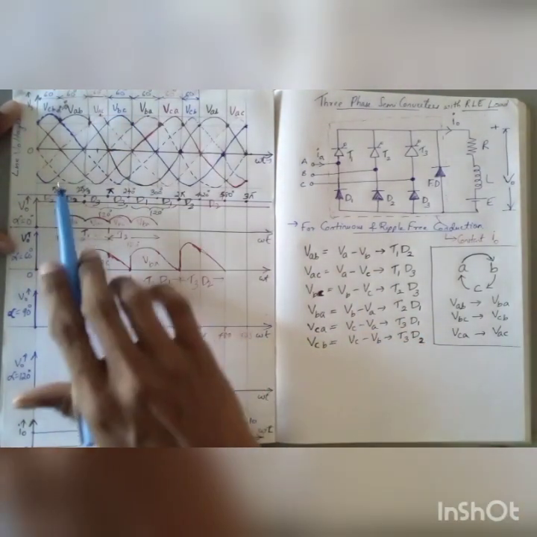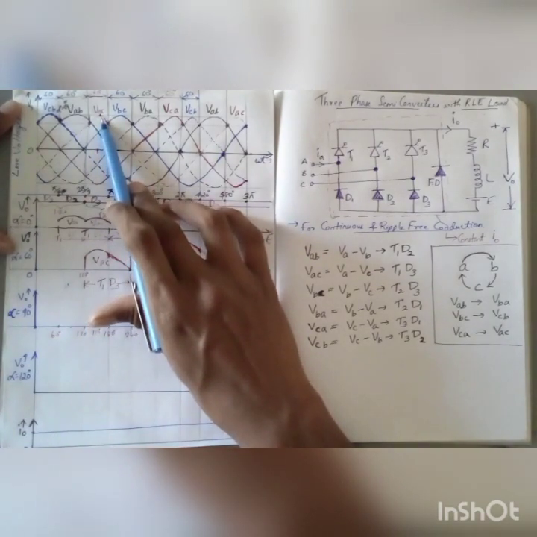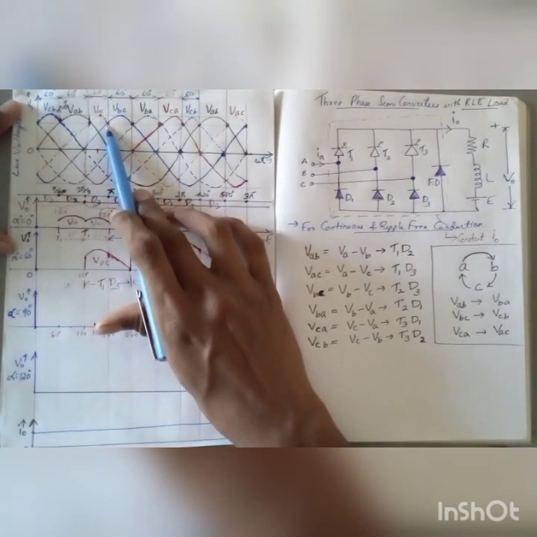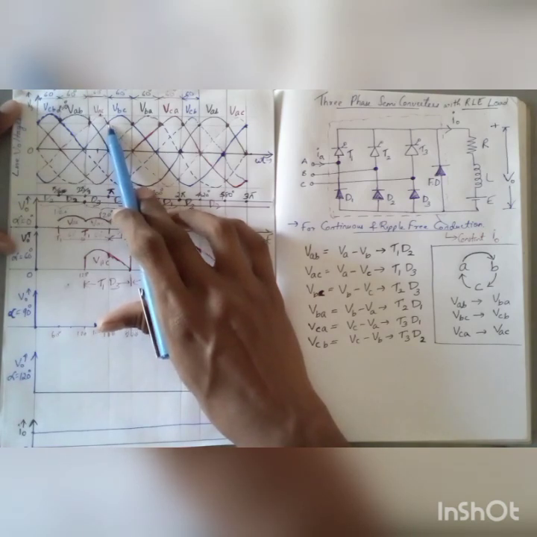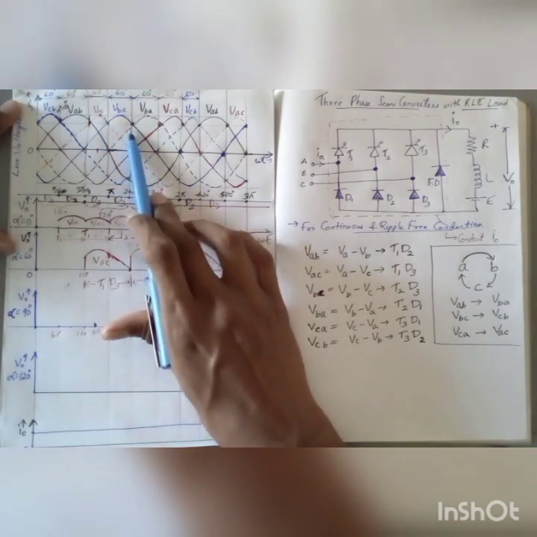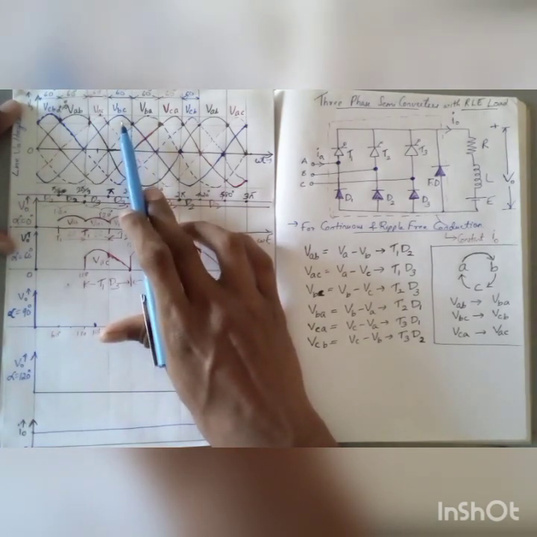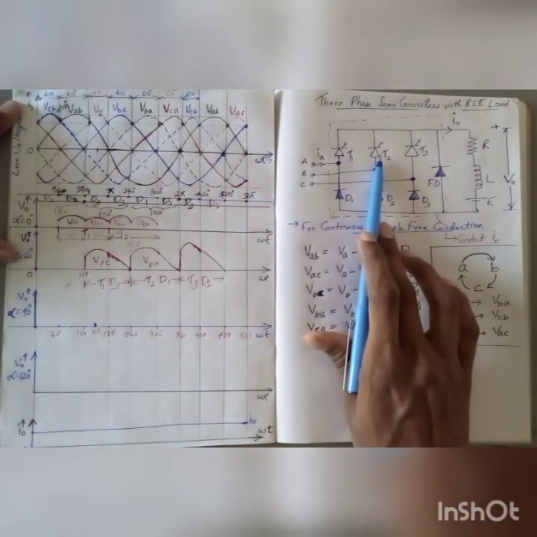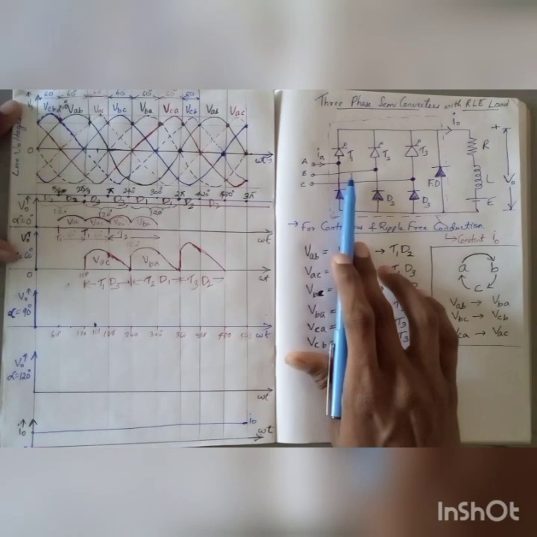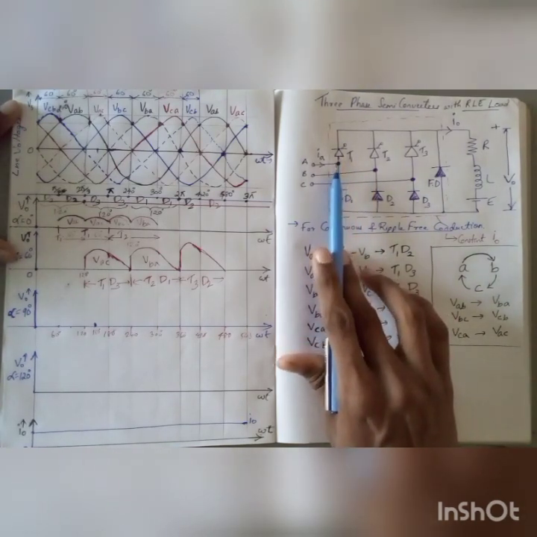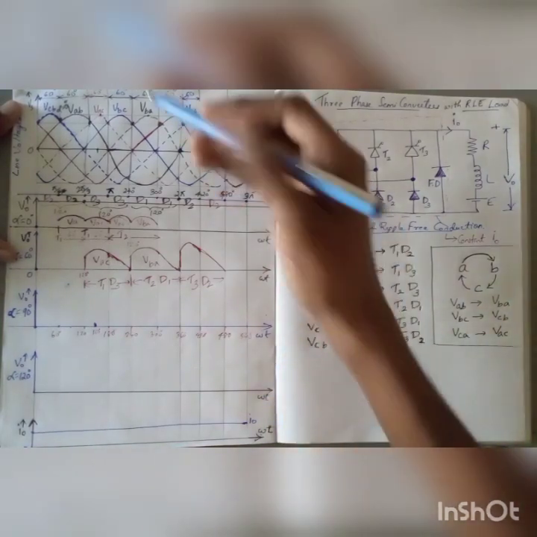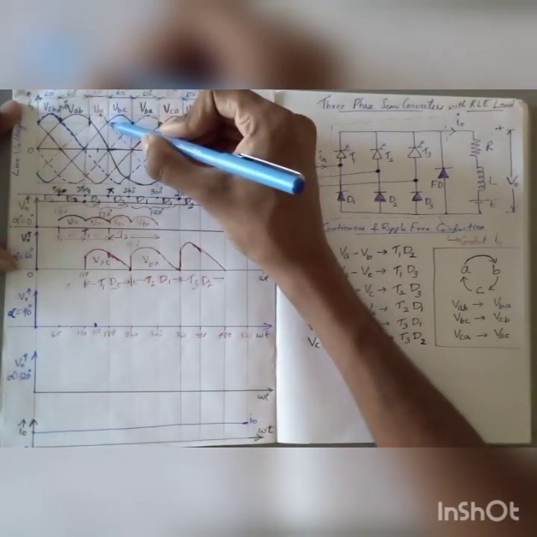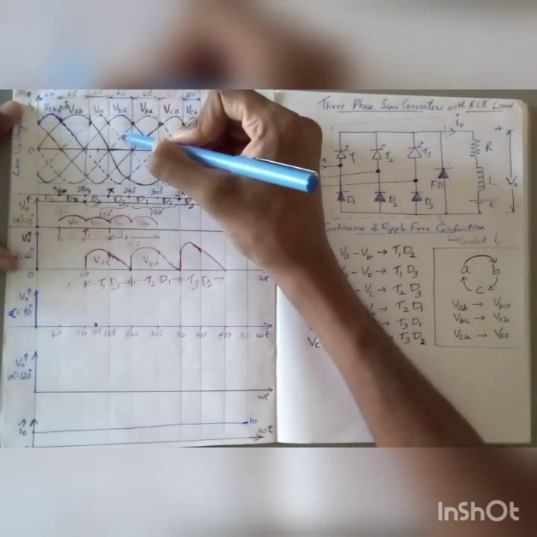Be careful here. From this point onwards, my T1 is conducting and it reaches this point. VBC has become larger than VAC, but VBC means VB minus VC. At that time, positive voltage across T2 is the highest voltage when compared to other voltages, but T1 is already in conducting state and hasn't completed its 120 degree. So the VAC will be continuing across my V0.